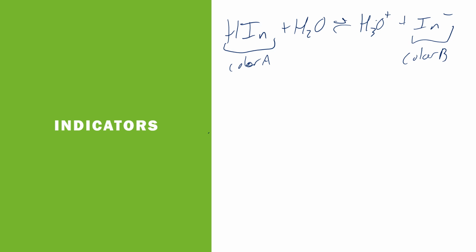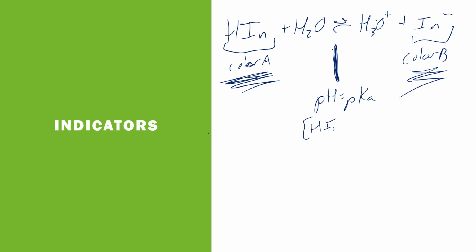So as we're shifting our equilibrium position to have more of the weak acid versus more of the conjugate base, you're going to see a color change. And it will be right in the middle when the pH is equal to the pKa, because I have the same amount of HIN and IN negative.